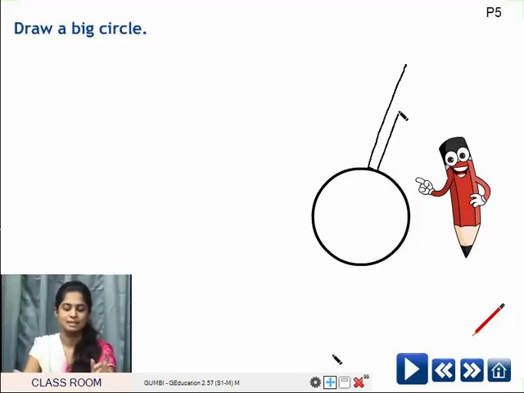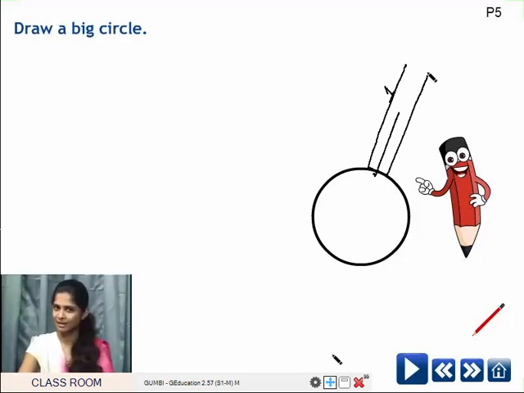Very good, students. You are so fast. So next you have to choose one more point on the circle just next to the second point. From here you have to draw a straight line as long as this first line. Draw it.